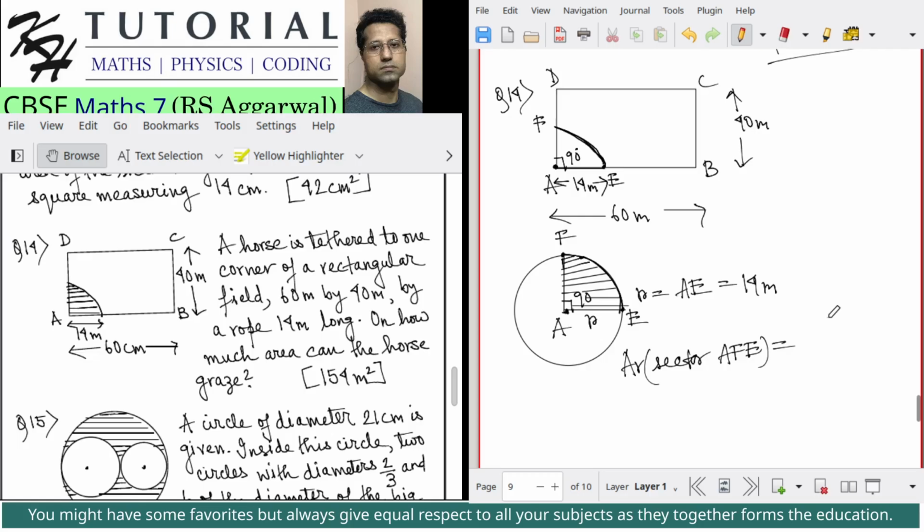So the area of the sector AFE will be pi r square by 4. So this should be equal to 22 by 4 multiplied by r is 14, so 14 multiplied by 14, this much meter square.